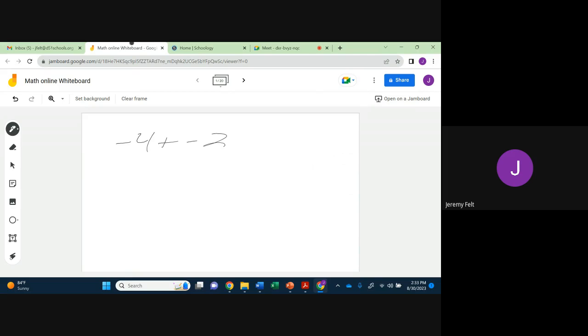So plus -2 is the same as -2. So what I do is I rewrite it even before I do this. I'll probably just automatically do this just out of habit. -4 plus -2, well, let's call it -4 minus 2. That's a little bit easier and kind of visually more appealing. So -4, 2 to the left, -4 minus 2 puts me at -6.